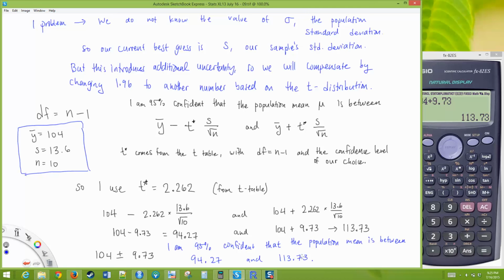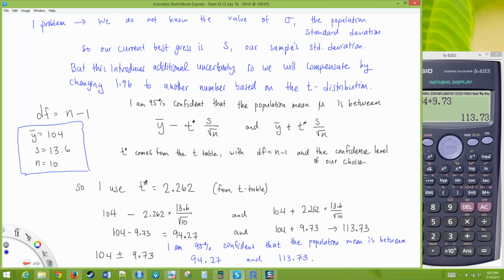But I just want to make sure that this statement that I'm writing, I am 95% confident that the population mean is between 94.27 and 113.73, that's okay. And how we got there is also okay.